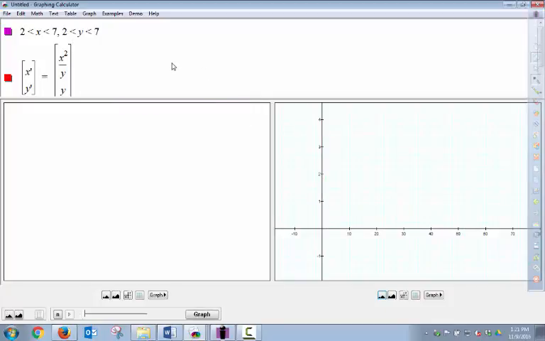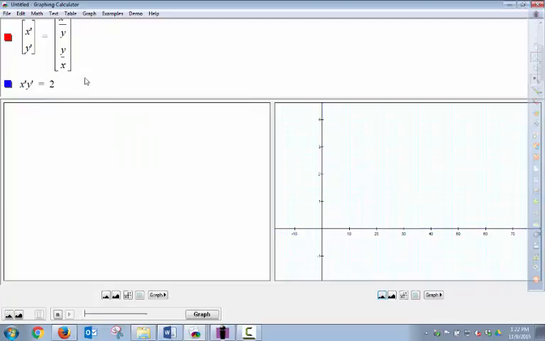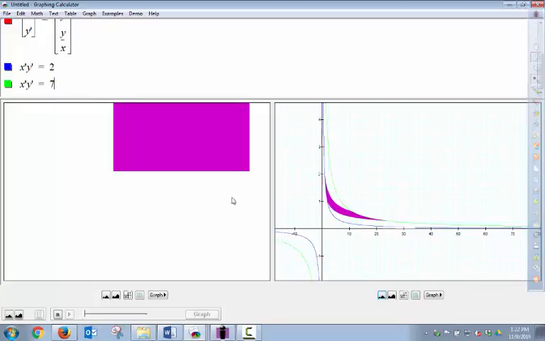So if I draw those graphs, xy is equal to 2. There's one of the graphs that's touching one of the sides. xy equals 7. There's another graph touching this side.